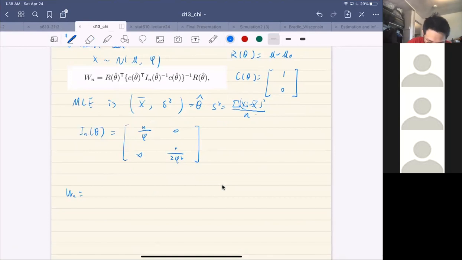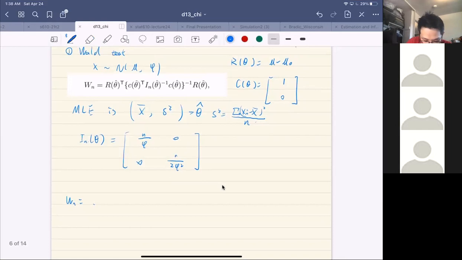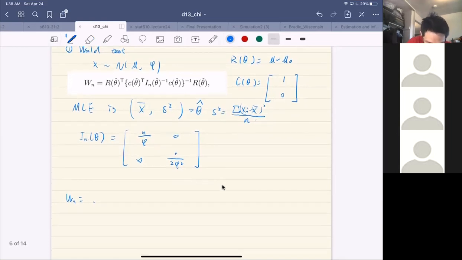W_n is equal to mu minus, so I want to plug in theta hat, so it's X bar minus mu naught, transpose.